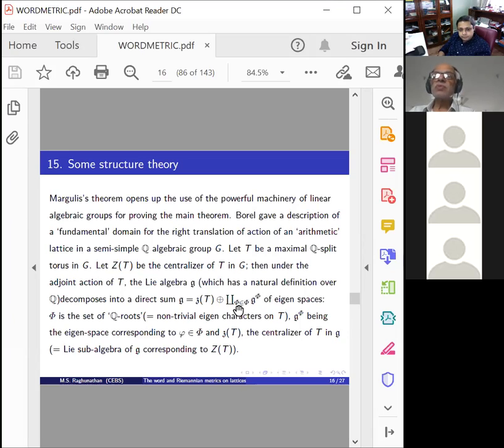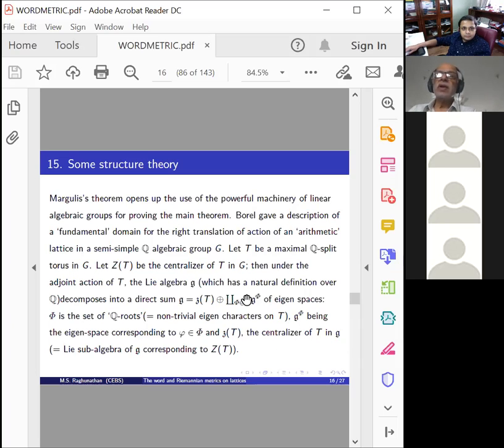That should be small phi there, small phi there. Unfortunately, I have not corrected it. In fact, I rewrote some of the things, but didn't have time to make the proper corrections. So the Lie algebra of G is the direct sum of Z(T) and the direct sum over small phi in capital Phi of eigenspaces g^phi.